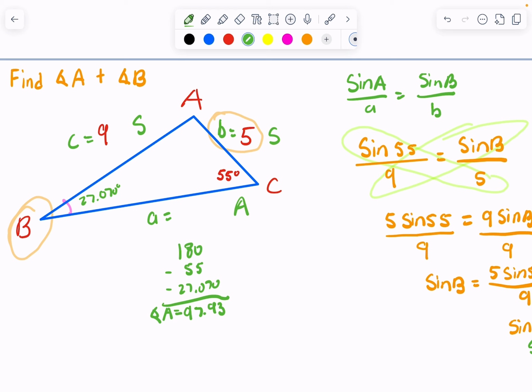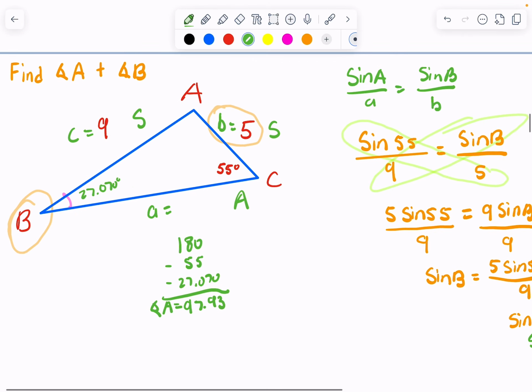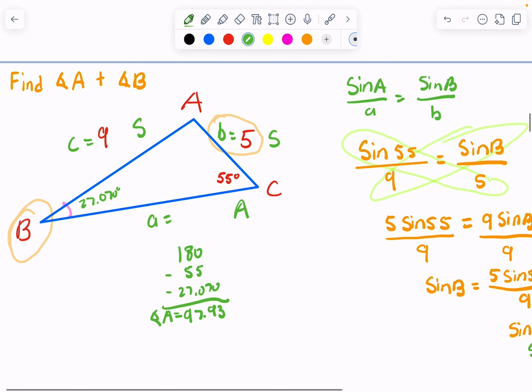And if you were asked to find its corresponding side, that's easy too, because you know everything basically, and you're only missing one piece. So we're going to plug it back into sine A over a equals sine B over b.